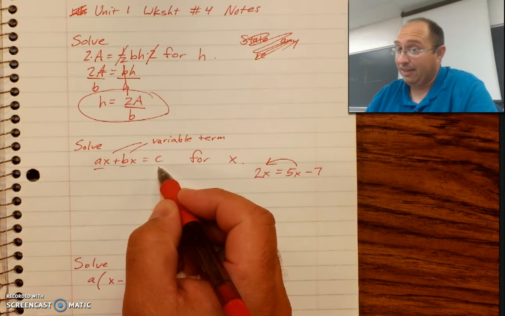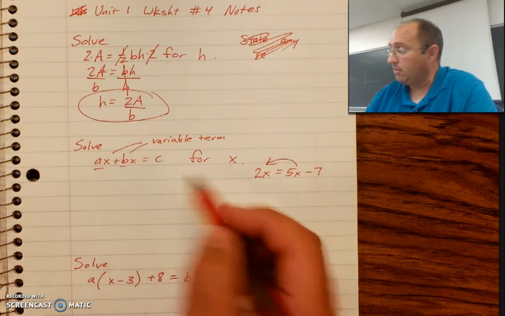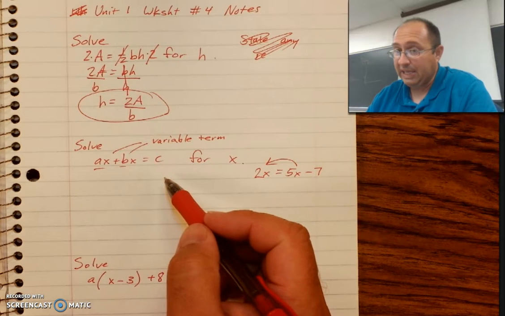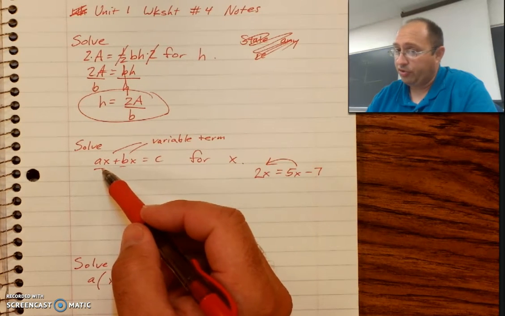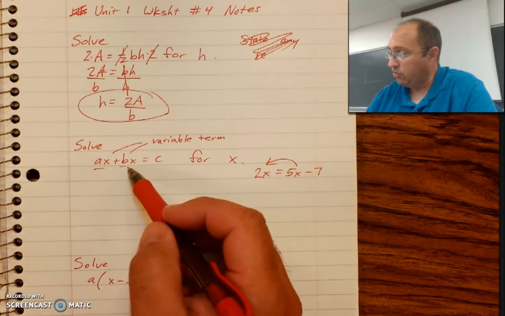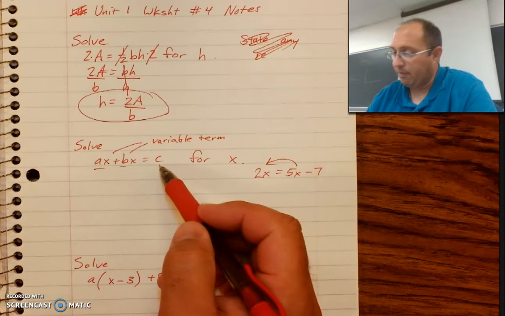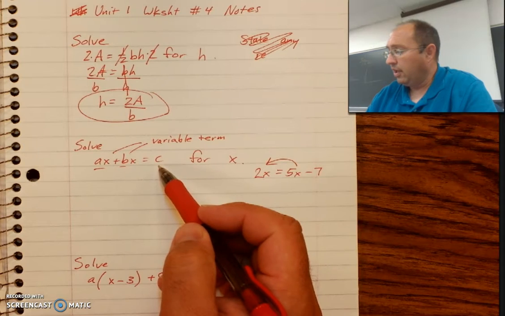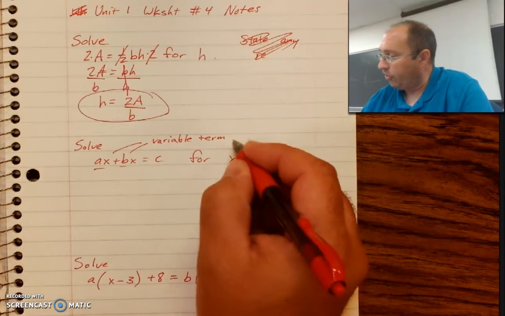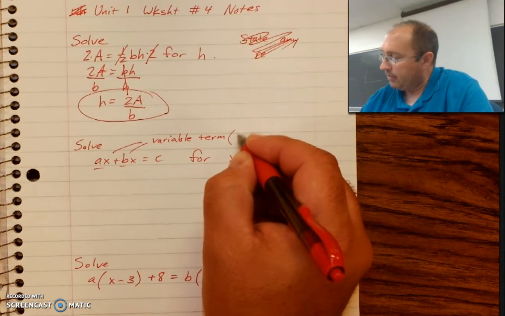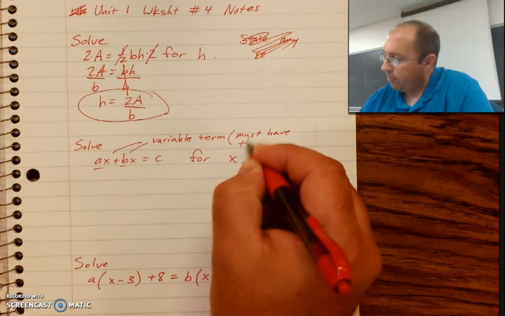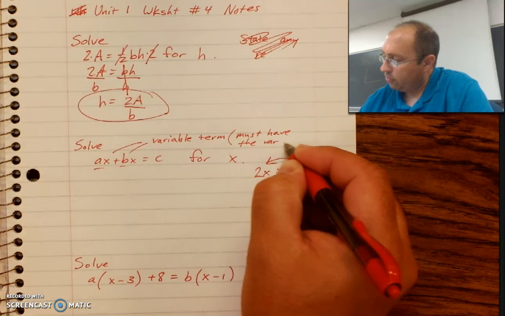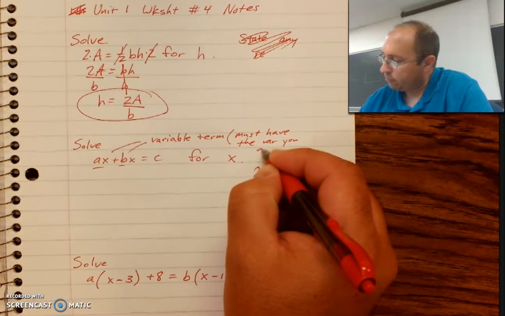Because it doesn't have an x in it. Now, if you ask me to solve this equation for b, then this would not be a variable term anymore. This would be a variable term, and this would not be a variable term. So, variable terms must have the variable you are solving for.